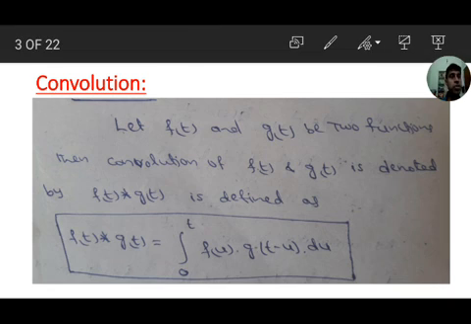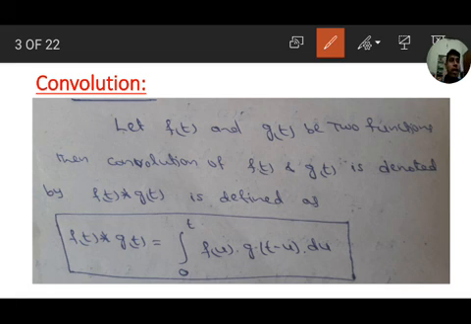What is the convolution? Let us see the definition. Let f of t and g of t be two functions.